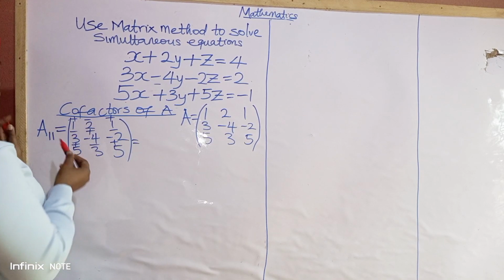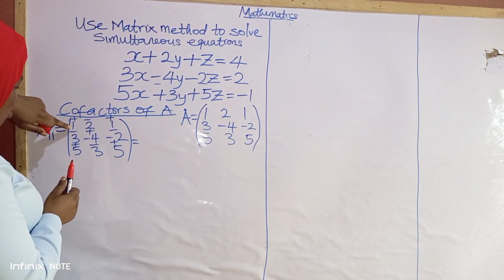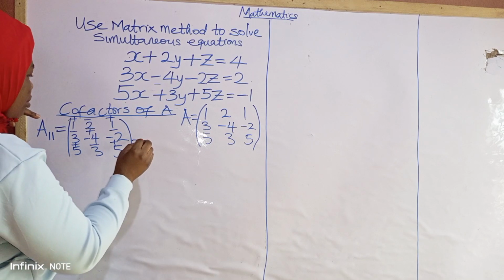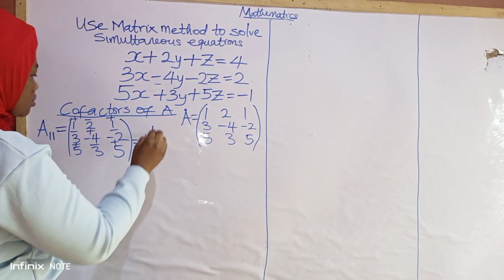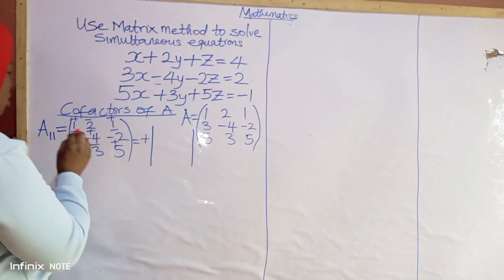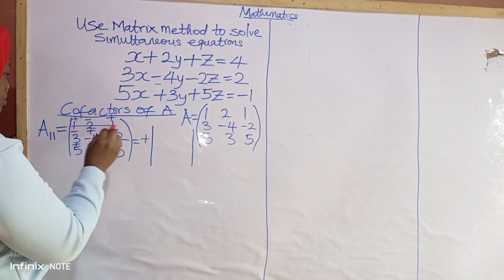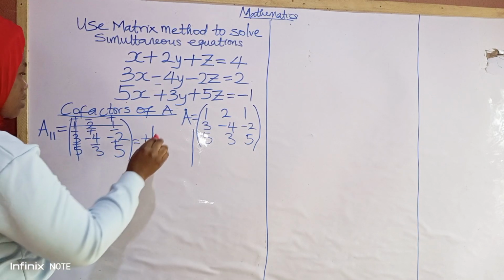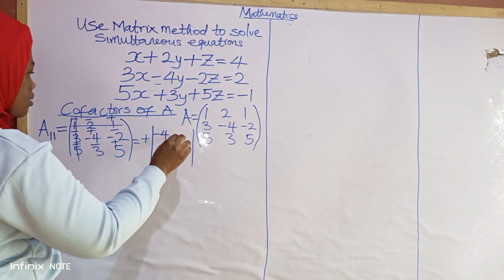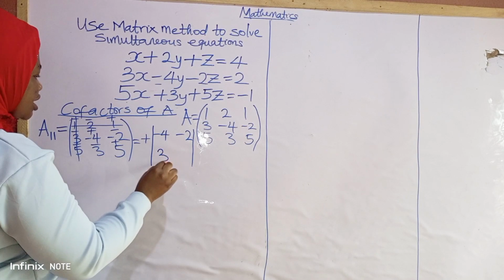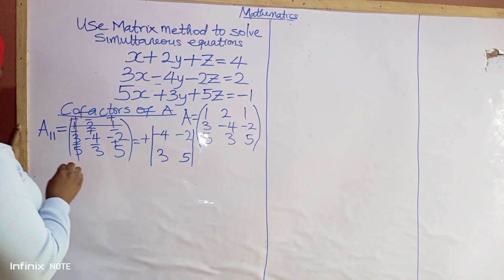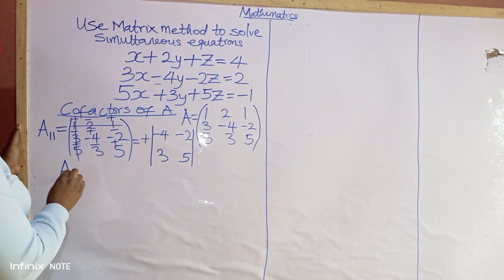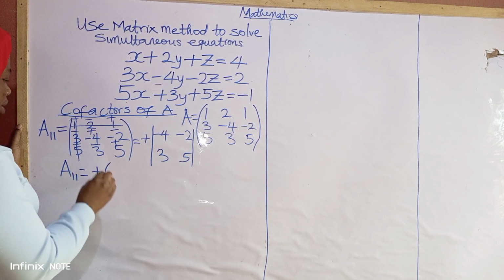So, we want to do for A11. So, we write plus there. So, you cover it here, then you cover it vertically. So, you are left with minus 4, minus 2, 3, and 5. So, A11 will now be equal to plus into brackets.